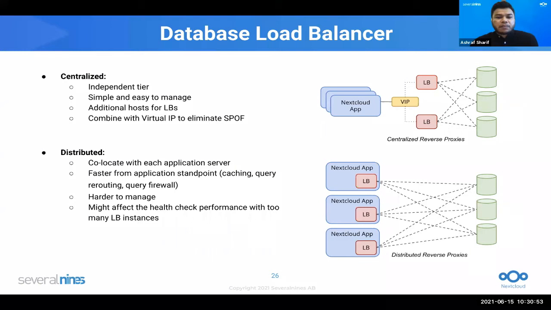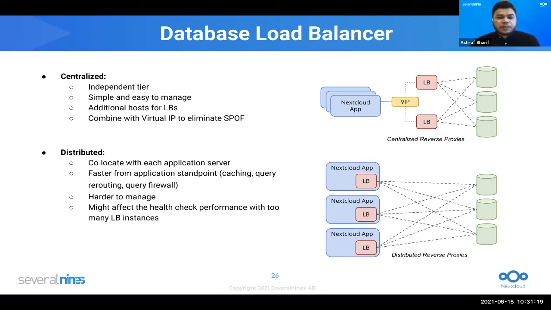So it can provide better transparency, because clients just need to use one single endpoint to access the data tier. Despite requiring additional nodes and another tier, it is far simpler to manage the centralized topology compared to the distributed topology. In my humble opinion, this is the best approach that we can recommend for Nextcloud database usage.